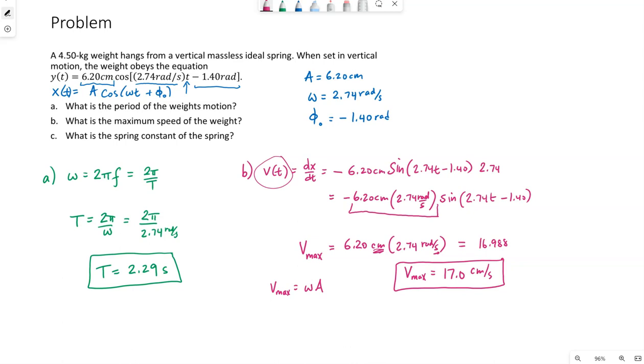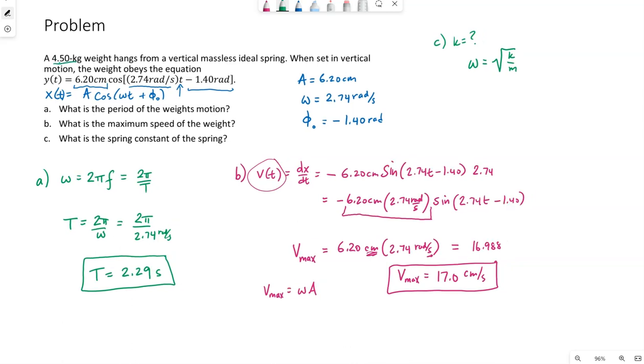Part C, what is the spring constant? So we want K. For a mass spring system, I know that omega is the square root of K over M. They did give us the mass, so coming back to the problem, the mass is 4.5 kilograms, and as we've already used, we know omega, so let's go ahead and plug those in.